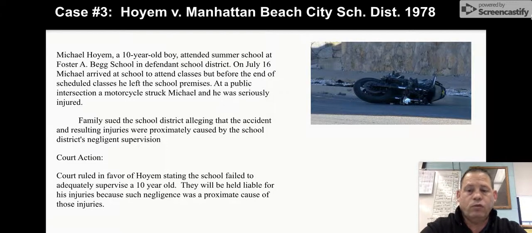The family sued the school, alleging the accident was proximately caused by the district's negligence of the supervision of the student. The court ruled in favor of the family, and they said that a 10-year-old boy should have been supervised a lot better than what the school did. And they ruled in his favor.